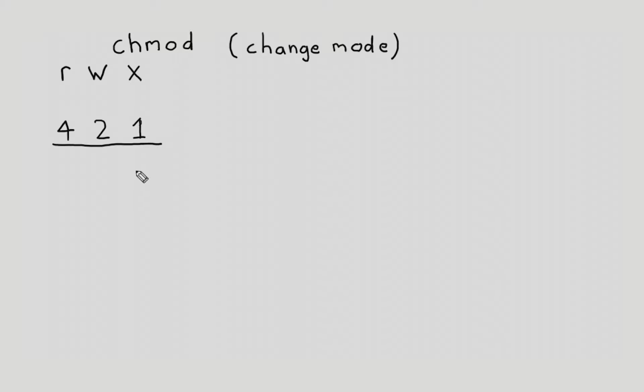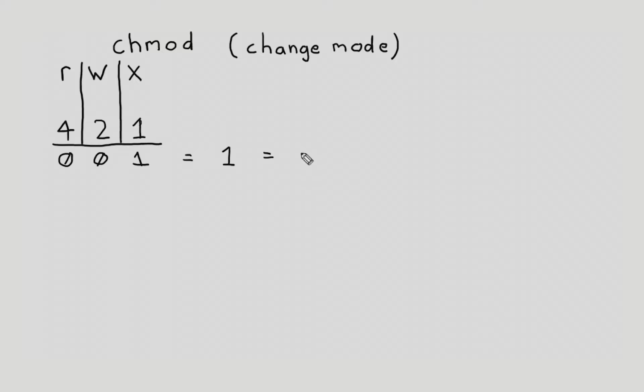So for instance, let's go through all the different combinations of permissions that we can get using read, write, and execute. If we have a 0, 0, and a 1 in binary here, that value is going to equal 1. And if we match these permissions up with each number, we can see that 1 is basically execute.